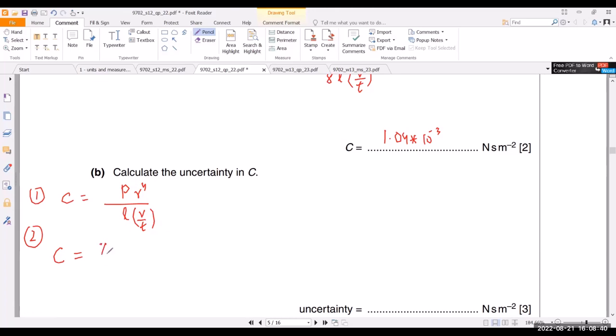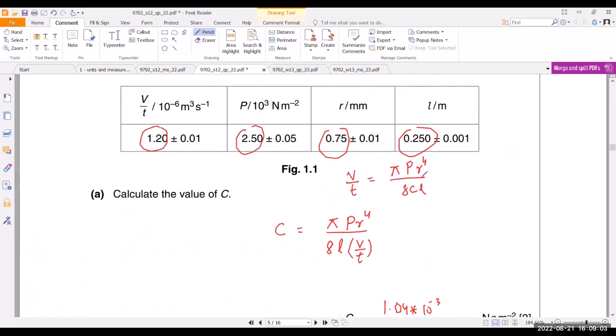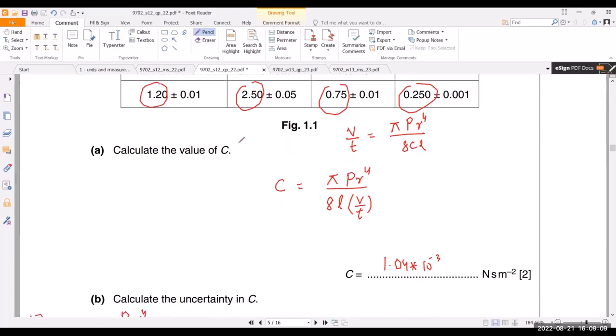So I will write percentage uncertainty in P plus percentage uncertainty in R4 plus percentage uncertainty in L plus percentage uncertainty in V over T. Now, as I have told you earlier, to calculate the percentage uncertainty, in the case of P, you have to divide the absolute uncertainty by the actual value times 100. Okay, I will write over here. Just give me a minute.